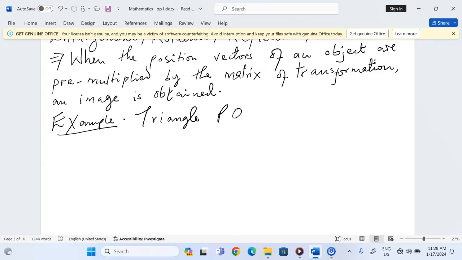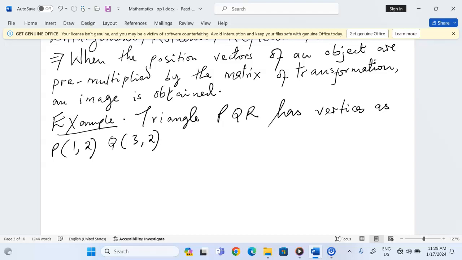Triangle PQR has vertices P, which is equal to (1, 2), Q, which is equal to (3, 2), and R, which is equal to (3, 5).